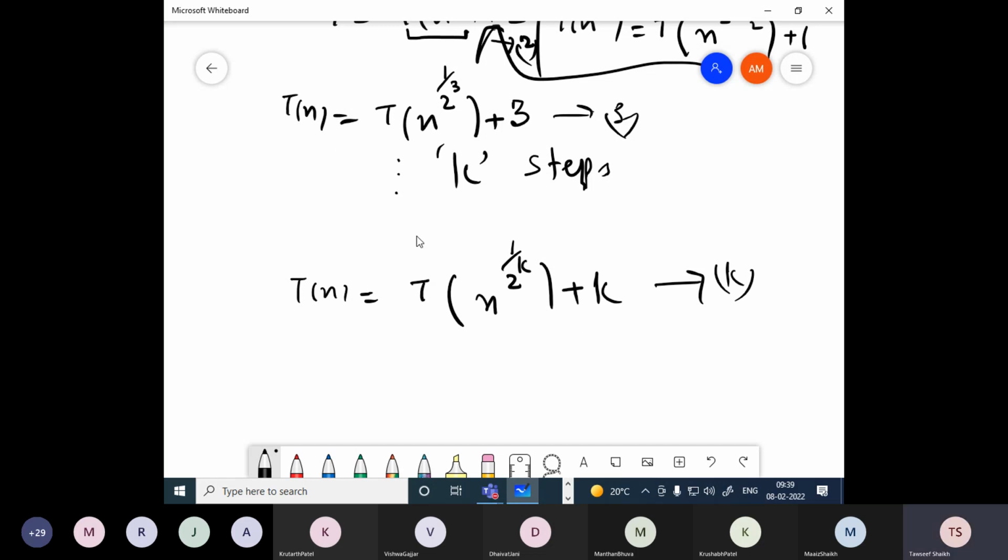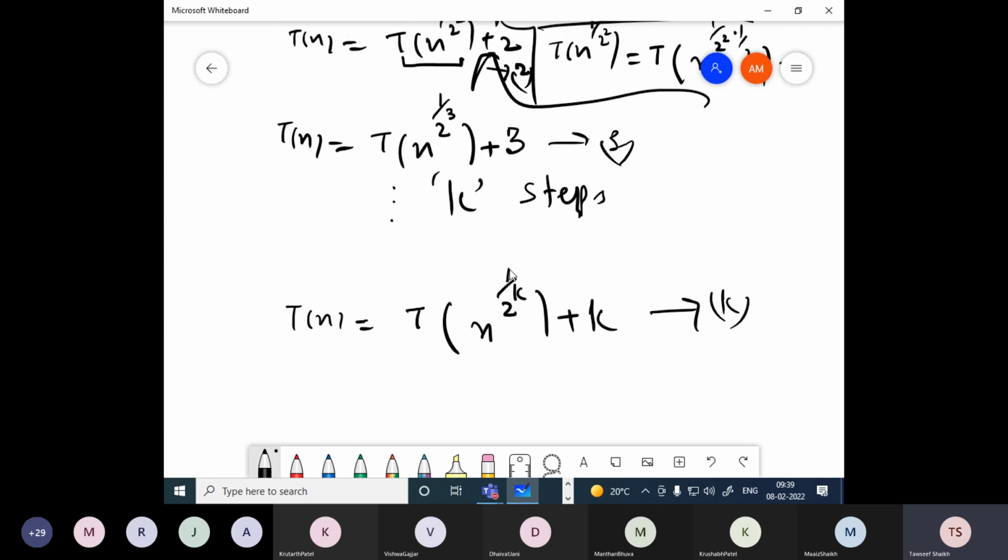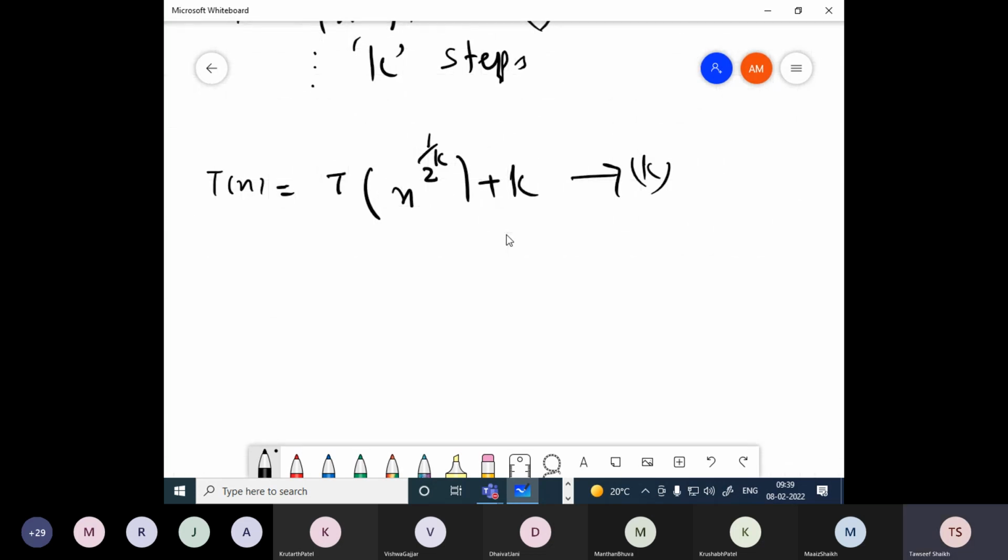Okay, now what was my initial recurrence? I will write it here again. It was 1 when n was equal to 2, and when n was greater than 2, it was equal to T of under root of n, plus 1. So if I substitute n equal to 2 here, if I put 2 in place of n, I will get T of 2 here.